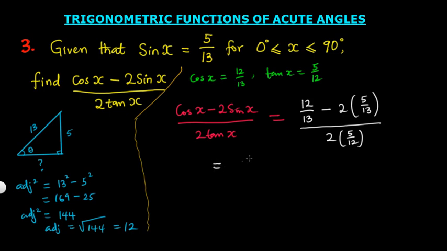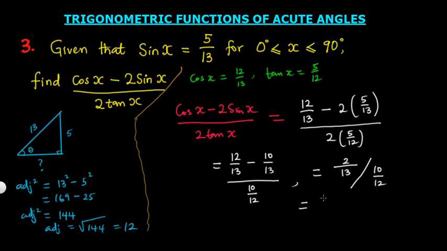So reducing this, we'll have 12 over 13 minus 10 over 13, all divided by 10 over 12. So the numerator here will be 12 minus 10, that is 2, over 13, all divided by 10 over 12.